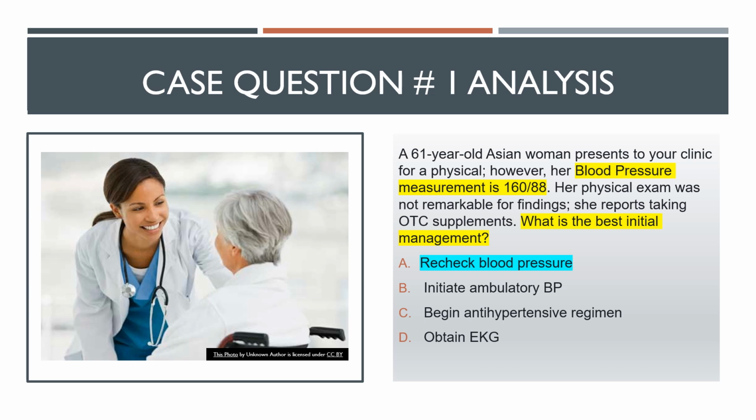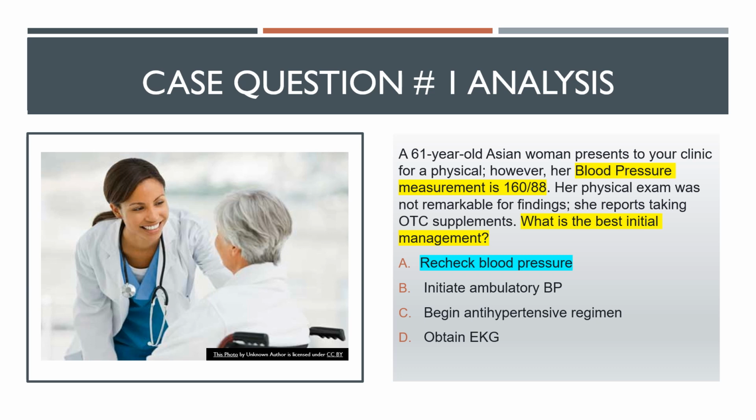This is kind of like a throwaway question. The question is based on the assumption that the office protocol for elevated BP was not carried out. It's possible that the MA maybe was really busy and forgot to recheck the blood pressure.